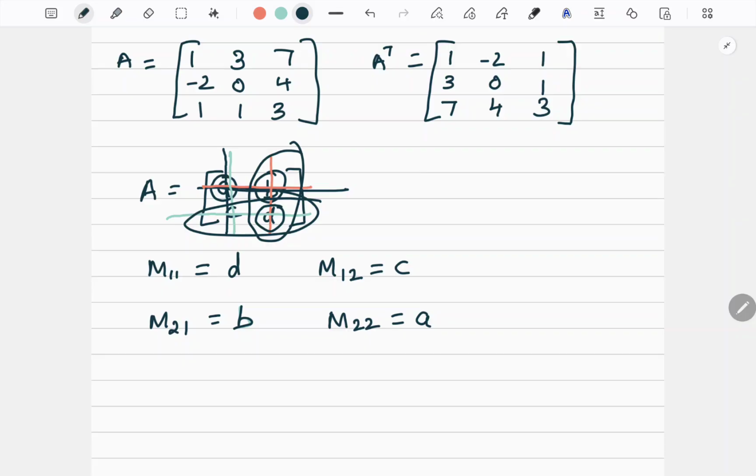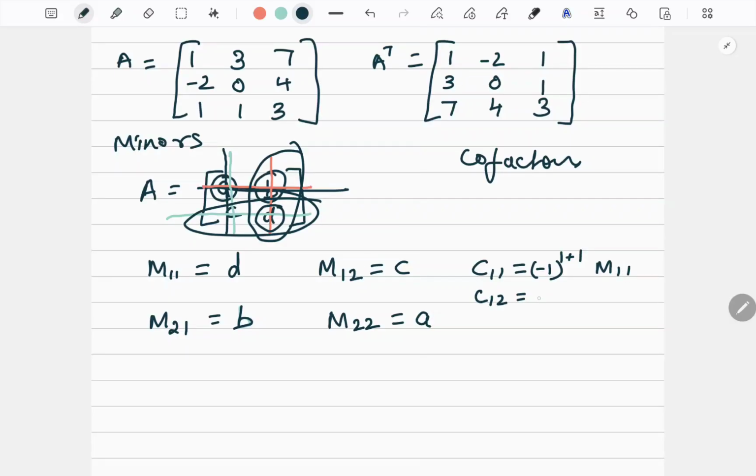Now what are the cofactors? This, though, I told you minors. Now cofactors are represented by C11. Cofactor is nothing but, for C11, it is minus 1 to the power 1 plus 1 and M11. Okay.